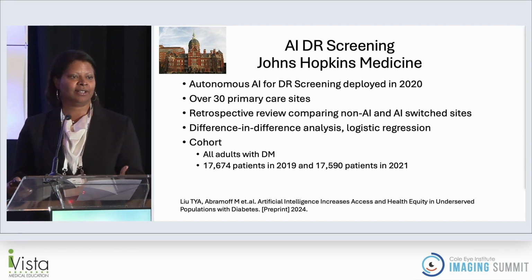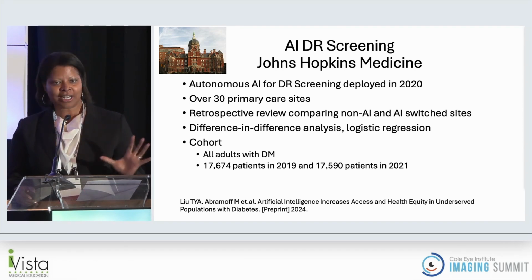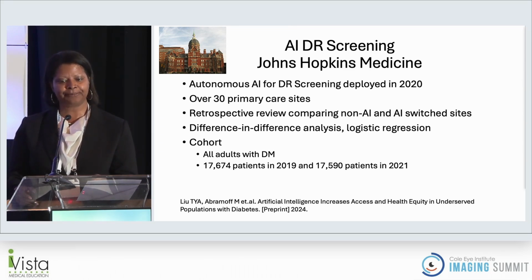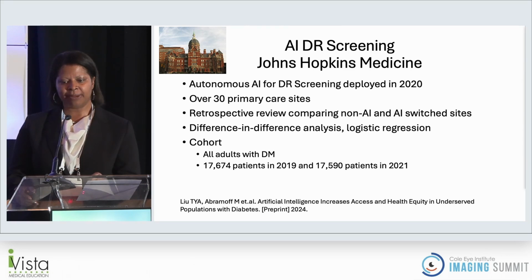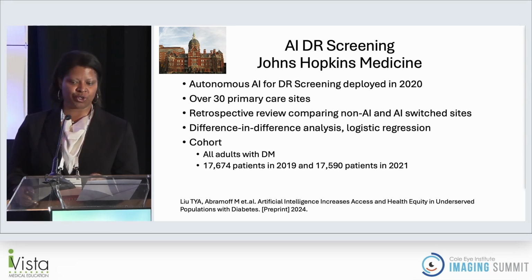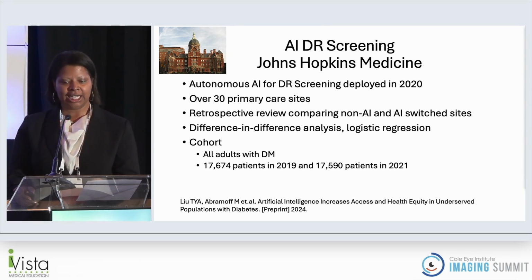Okay. What about at Johns Hopkins? So my colleague, Dr. Alvin Liu, is kind of the chief diabetic AI guy. And we deployed diabetic retinopathy screening in about 2020. And there are over 30 primary care sites who are utilizing this technology. And this is from a preprint, but Dr. Liu was kind to share with me a retrospective review comparing non-AI versus AI switch sites.